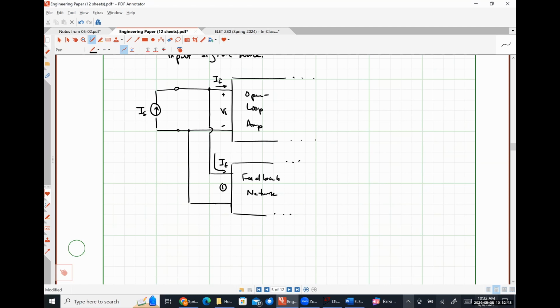That lowercase i is just IS minus IF. Obviously, if we had positive feedback, it would be IS plus IF. Current would be flowing in the opposite direction, which would again cause our output to gradually move towards saturation.